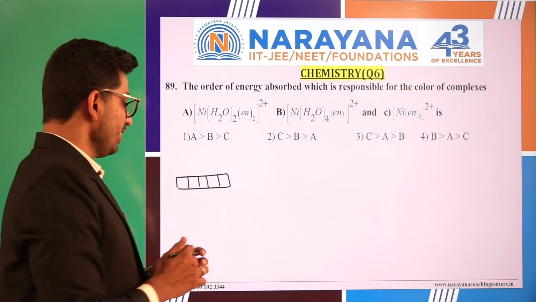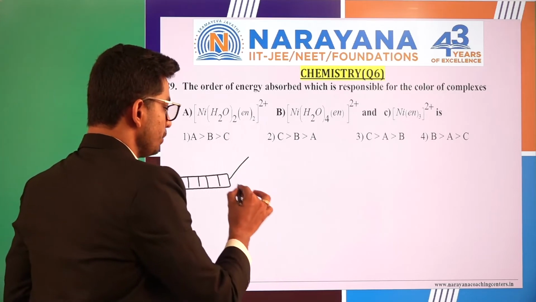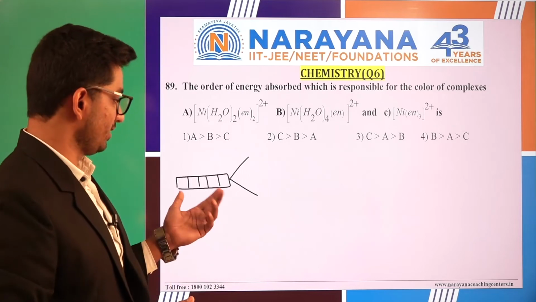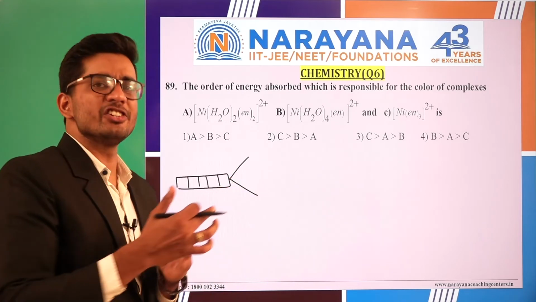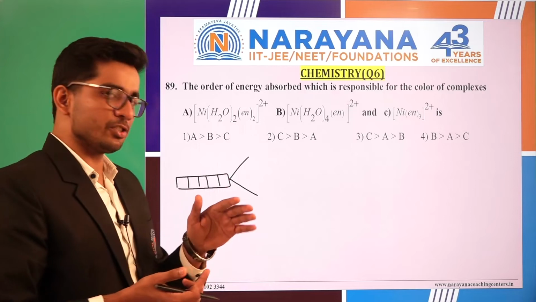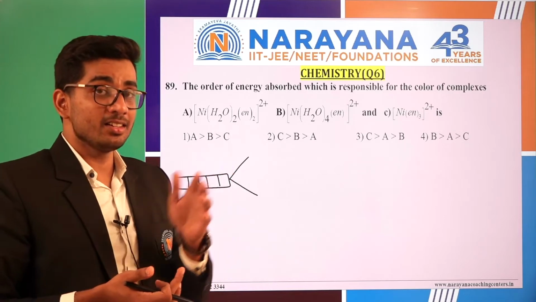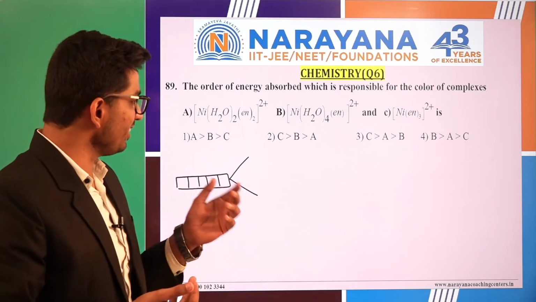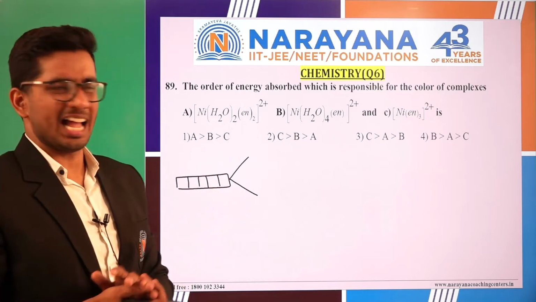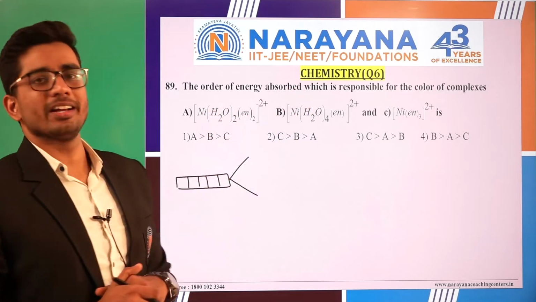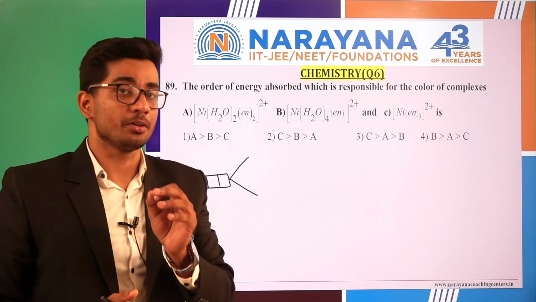They basically split into different energy levels. The energy of one gets lower and the other gets higher. For the octahedral complexes, as we can see, all are octahedral complexes having coordination number 6.